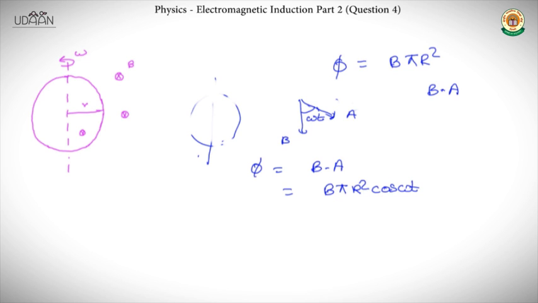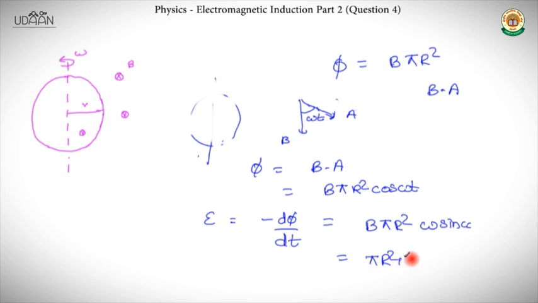That's right. So because the flux is changing, obviously the EMF would be developed in the ring. So the EMF developed in the ring would be minus d phi by dt. If you differentiate this, we will get B pi r square omega sin omega t.